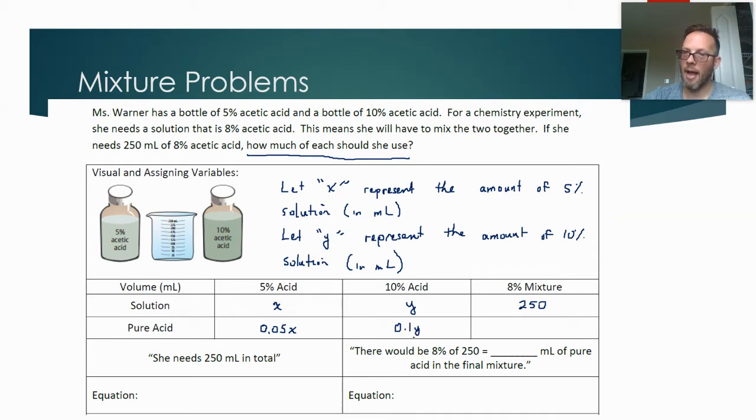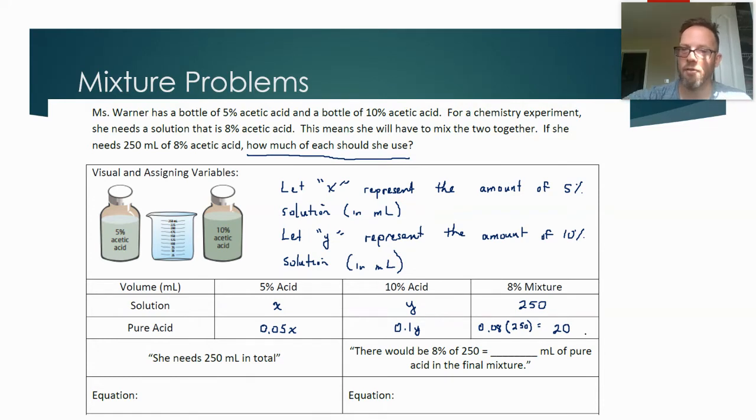Now, how much acid is in the 8% mixture? This is what I would say is the tricky part of mixture problems. Everything I've written down right there was given in the problem, but 8% of 250, which I think is 20, but I'm going to double check on my calculator.